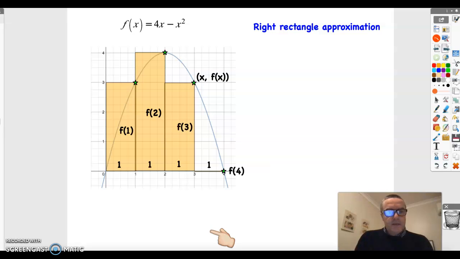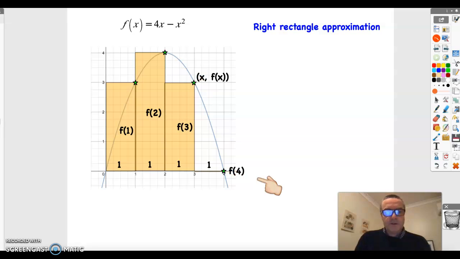We can see from the grid and the scale on the y-axis what all of those heights are, but in general those heights are also given by the function f of x, whatever that function happens to be. So I can say the widths are all 1, and the height here is f of 1 because it touches the curve at x equals 1. This is a height of f of 2, f of 3, and f of 4.